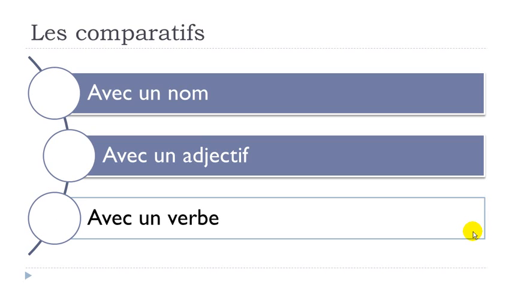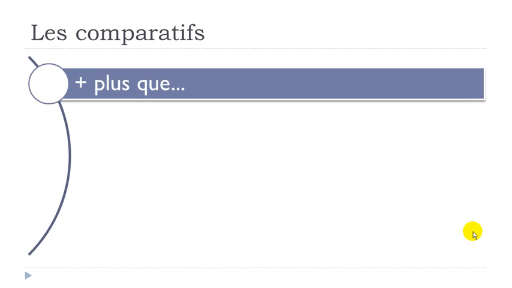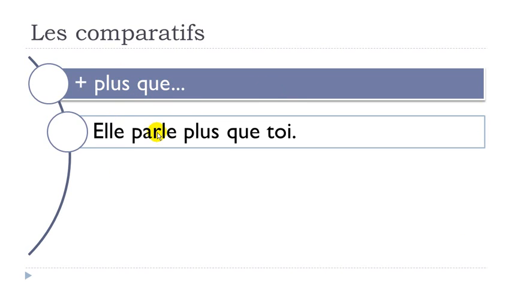And so the last structure, if you want to compare with a verb, then remember, plus will be with the S. So pronounce it: plus que. Let's see now. Elle parle plus que toi.